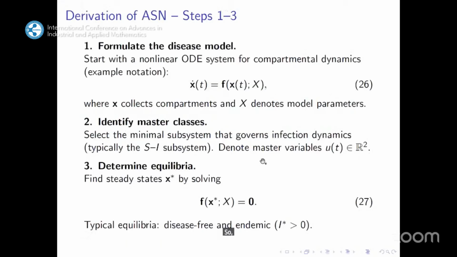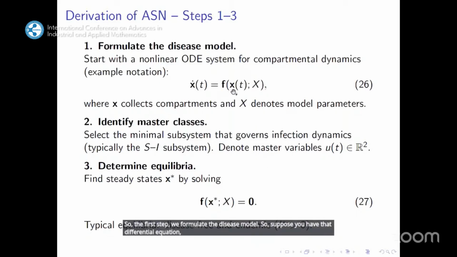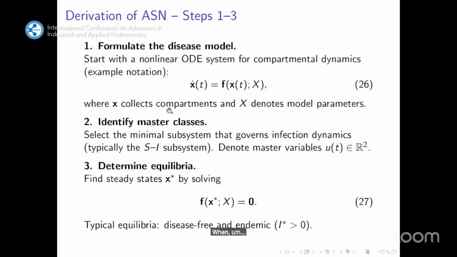So the first step, we formulate the disease model. Suppose you have that differential equation where X collects all the compartments, and theta denotes the model parameters.